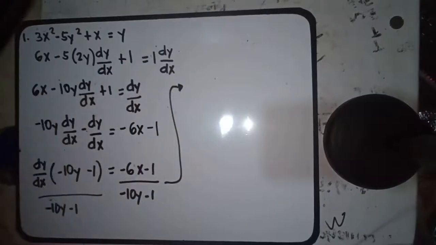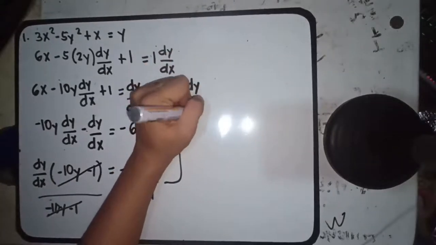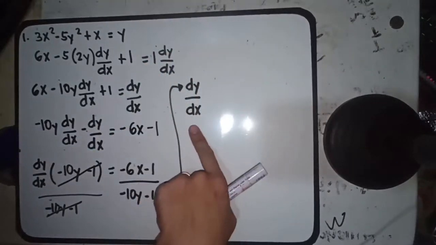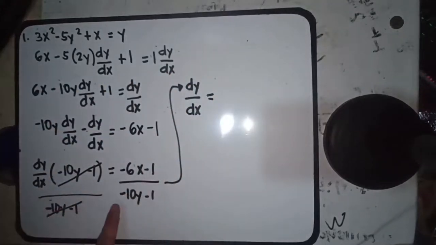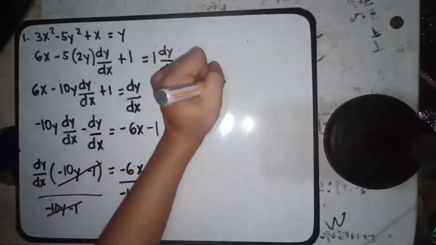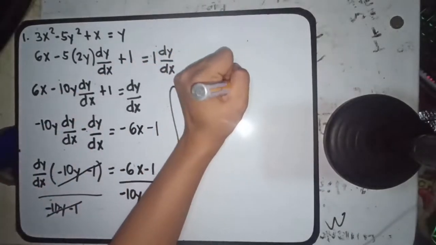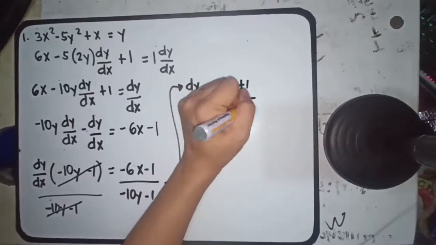Okay, so next, ang mabilin na lang dire, cancel. We have dy over dx. This indicates derivative. This is equals to negative 6x minus 1 divided with negative 10y minus 1. Cancel ang mga negative and minus. We'll have positive 6x plus 1 over 10y plus 1.